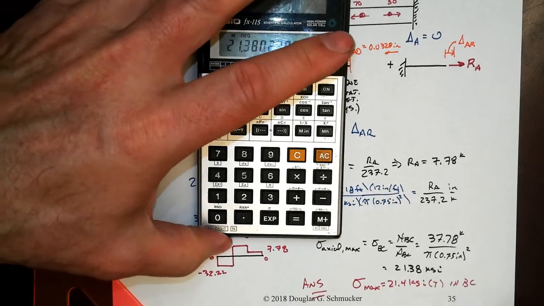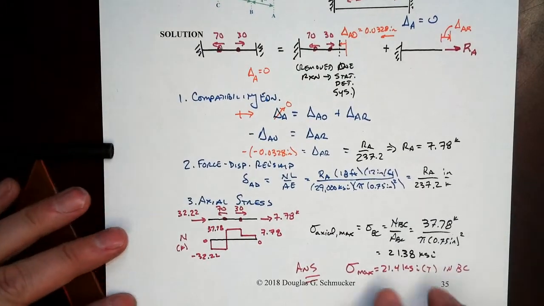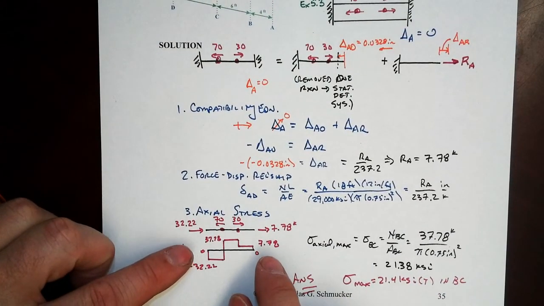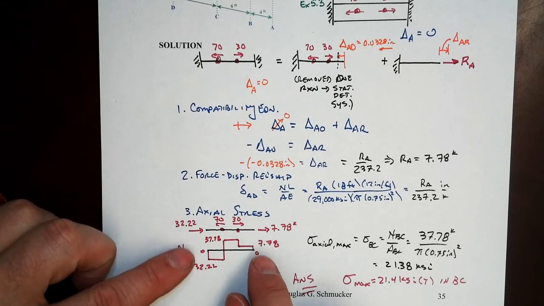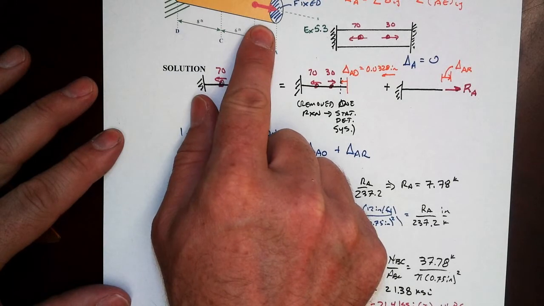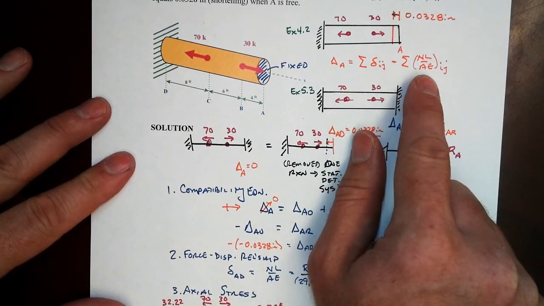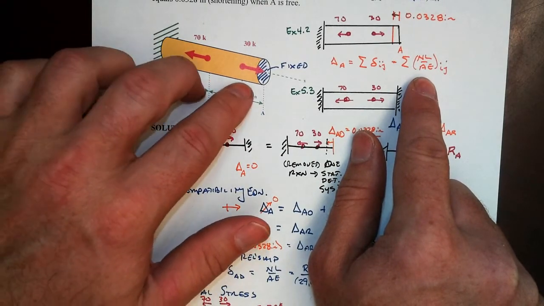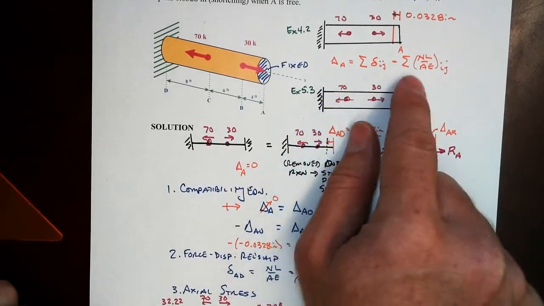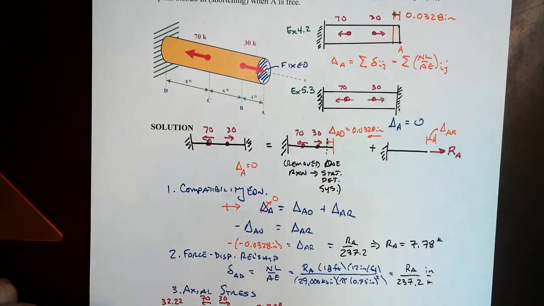Right? You can go get the N over A for the other segments if you want those. Notice how this is a slight adjustment. It's really the results we had before, except shifted up. Now, if you didn't have constant cross-sectional properties here, you'd have to come back and use this segmental approach, where each segment was of a constant situation, and the total displacement out here at the end for delta AR would have to be broken up like we did before, and that would be true if the E varied as well.